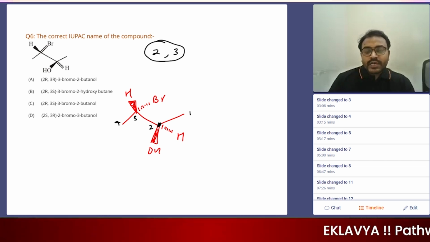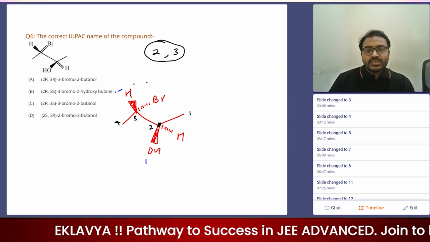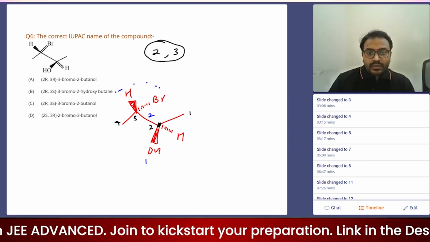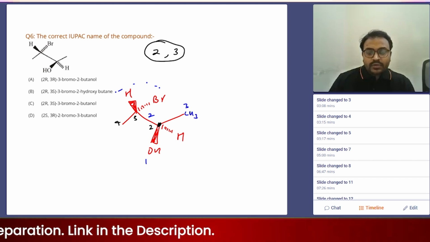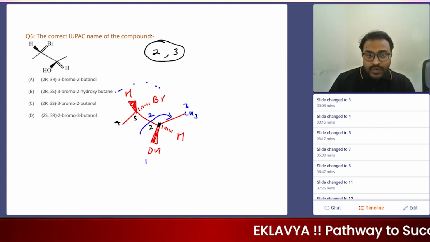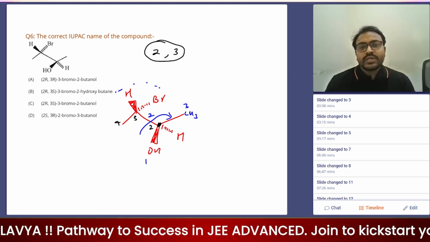For the second carbon, priority 1 is given to OH. Then this whole group will be second. Then this CH3 group, the methyl group, will be third, and hydrogen is the fourth one. So there is a clockwise rotation, right?